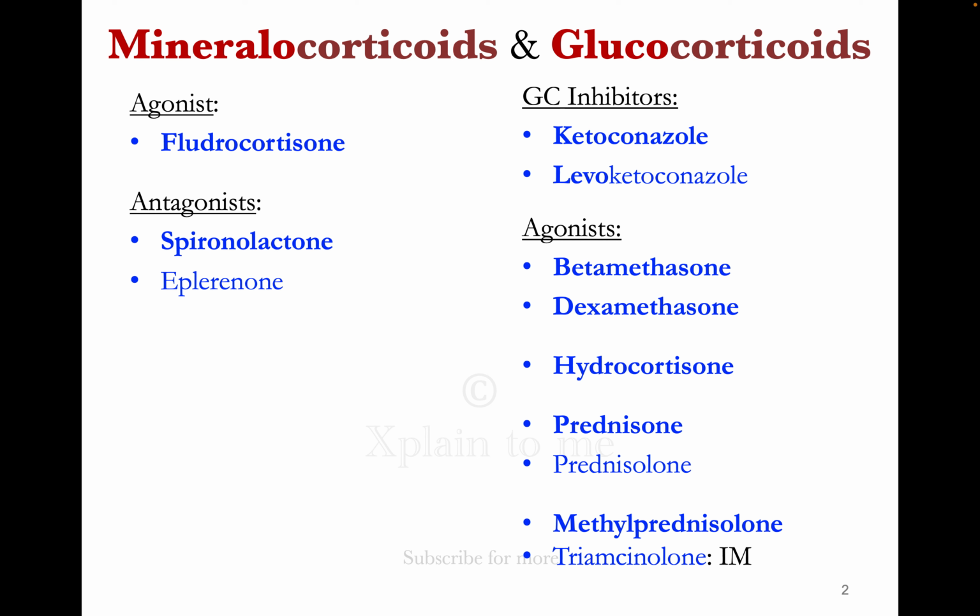So that's why it is a potassium sparing diuretic. In the heart, it can inhibit cardiac fibrosis, so there is a cardioprotective effect of spironolactone. In blood vessels, it can reduce atherosclerosis. And in bones, it can maintain bone calcium level.